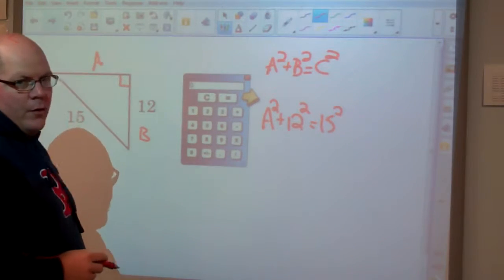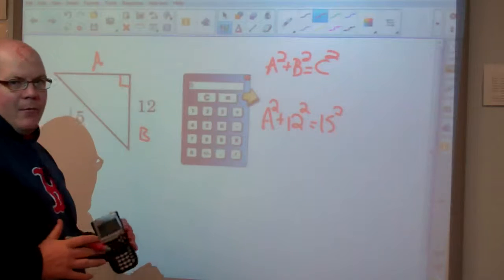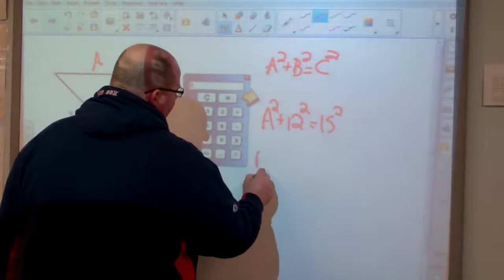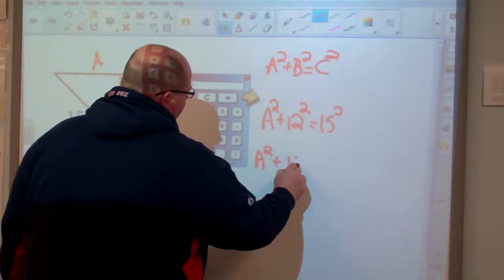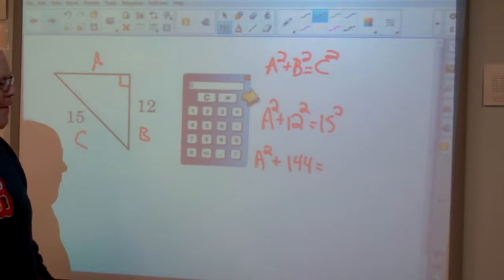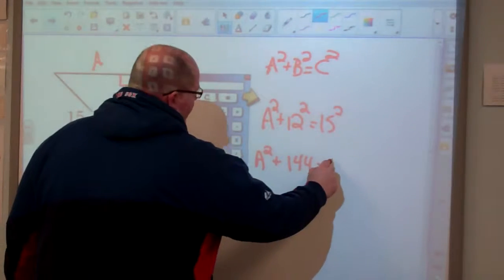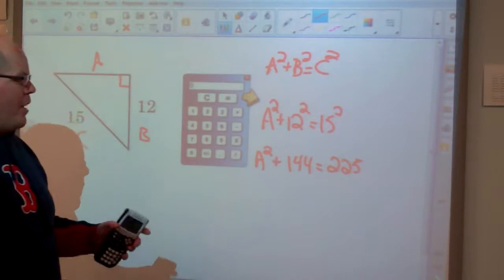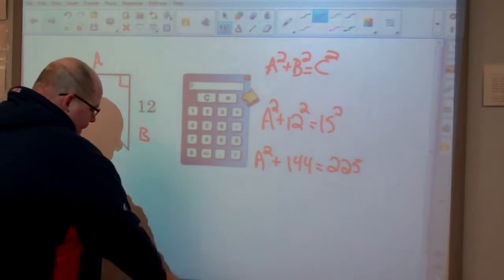I know 12 squared is 144. You should memorize 1 through 15. So it's a squared plus 144, and 15 squared I know is 225, because I've memorized 1 through 15. Equals 225. Now I'm going to use inverse operations to solve for a.